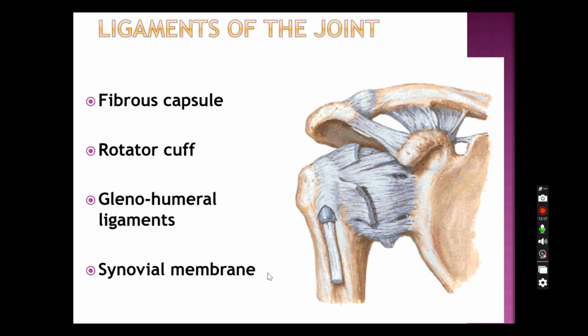In any synovial joint, there is a serous membrane called the synovial membrane, which covers the intracapsular part of the articulating bone as well as the inner aspect of the fibrous capsule. But it stops at the point where the hyaline cartilage or articular cartilage starts. It ceases when the cartilage starts.